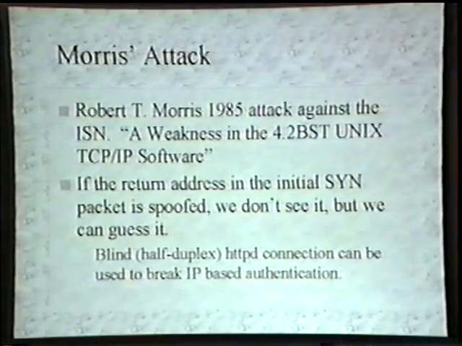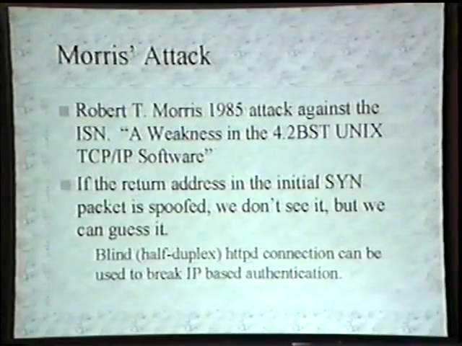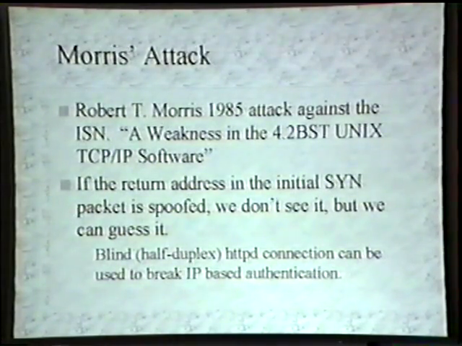So the idea is a three-way handshake. You send a SYN packet, with an initial sequence number in it, and get back a SYN-ACK and then send an ACK. If you send a spoofed SYN packet, it'll send a SYN-ACK back to the original host that you're spoofing from, which doesn't really help you. Okay, so now you have a halfway connection. You can't actually intercept unless you're spoofing or unless you're sniffing on the network.